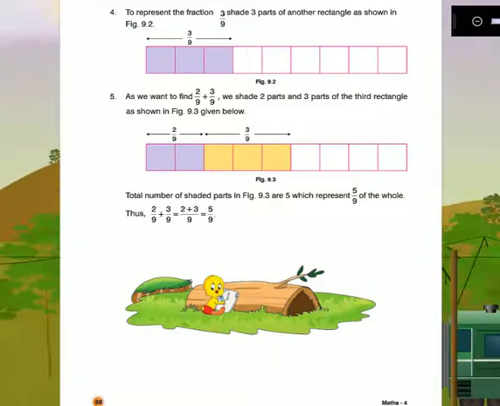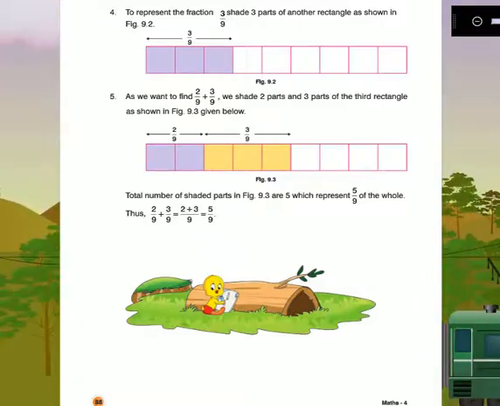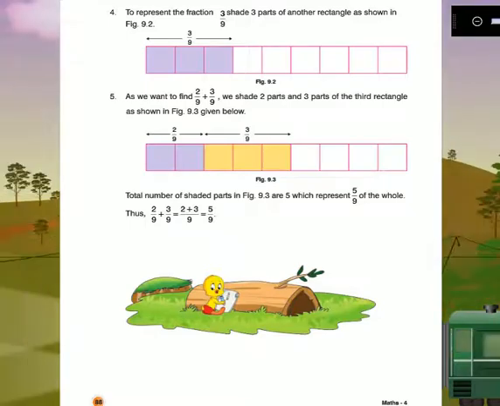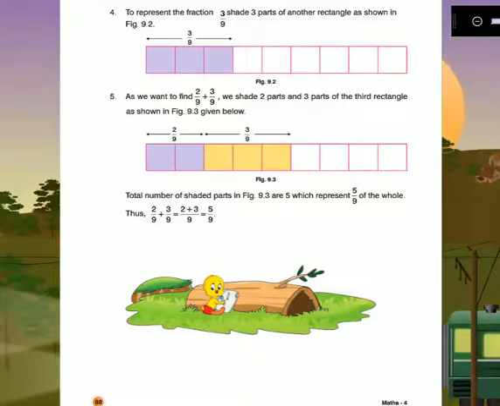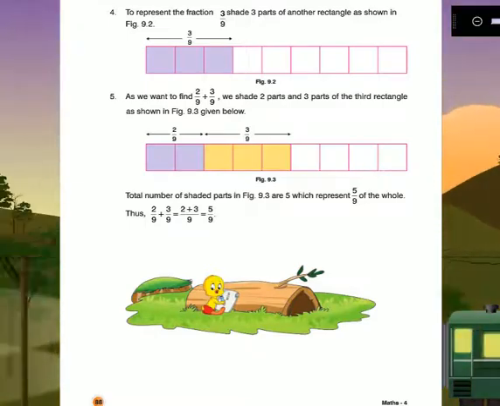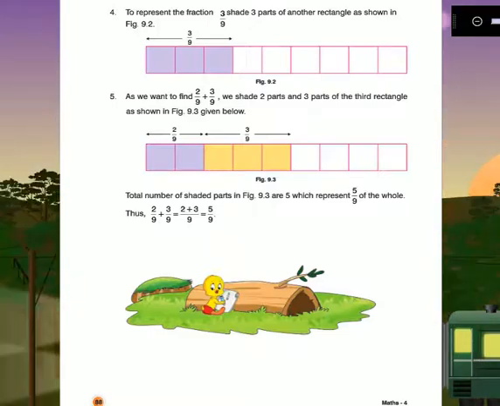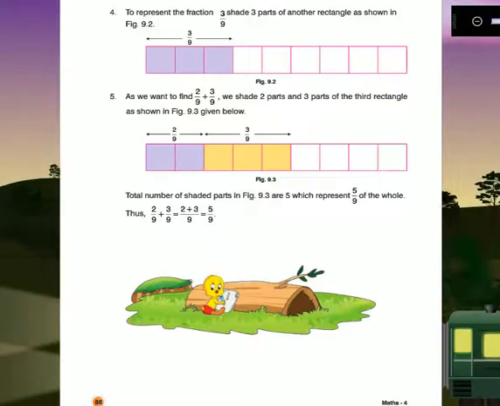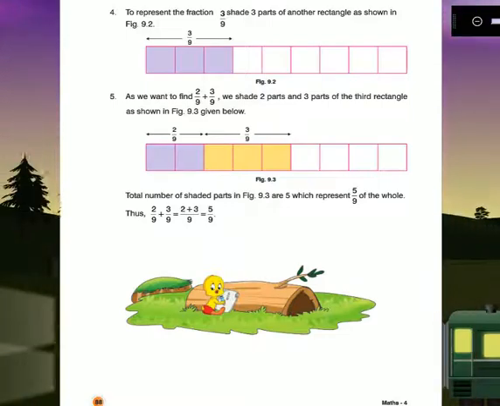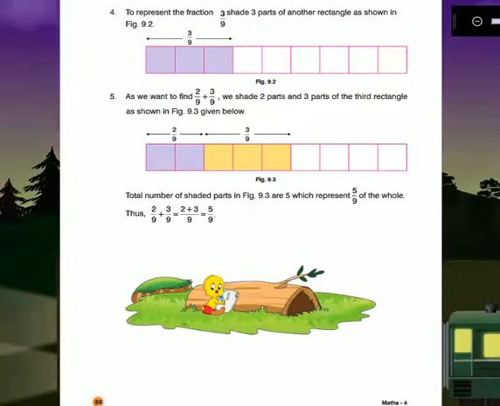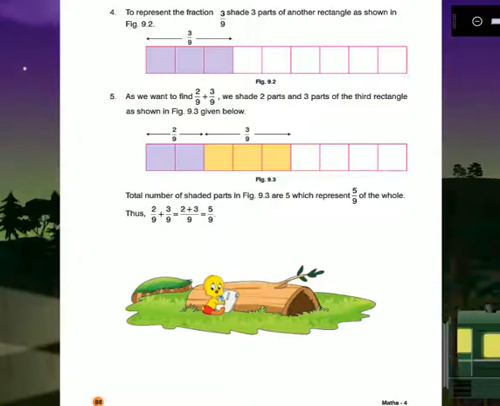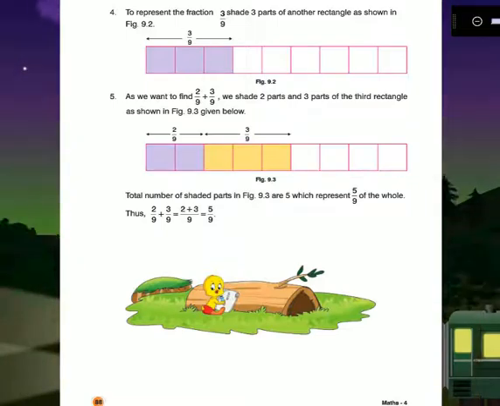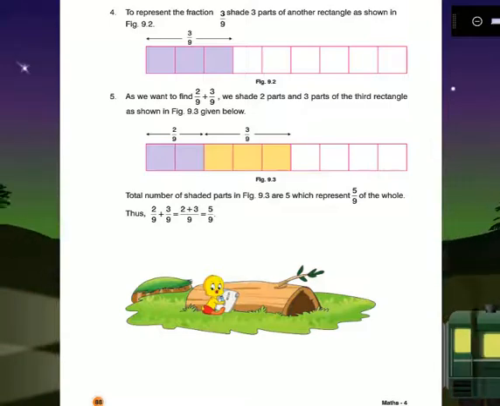As we want to find 2 by 9 plus 3 by 9, we shade 2 parts and 3 parts of the third rectangle as shown in figure 9.3 given below in different colors. Total number of shaded parts in figure 9.3 are 5, which represent 5 by 9 of the whole. Thus, 2 by 9 plus 3 by 9 is equal to 2 plus 3 by 9, which is 5 by 9.